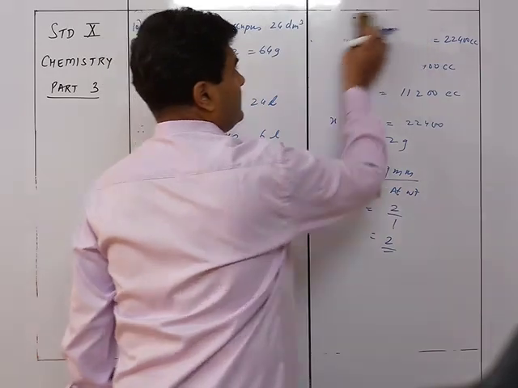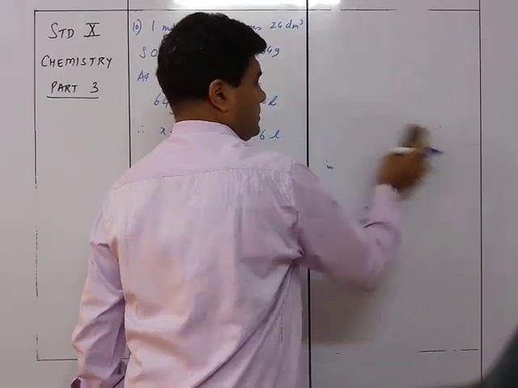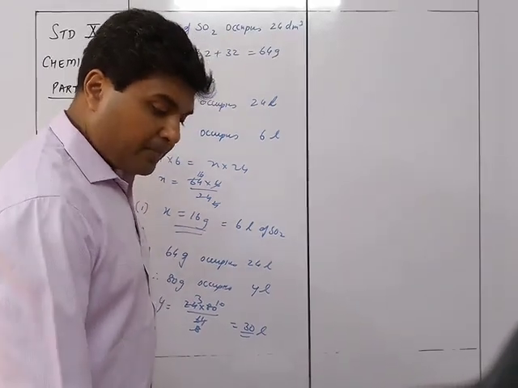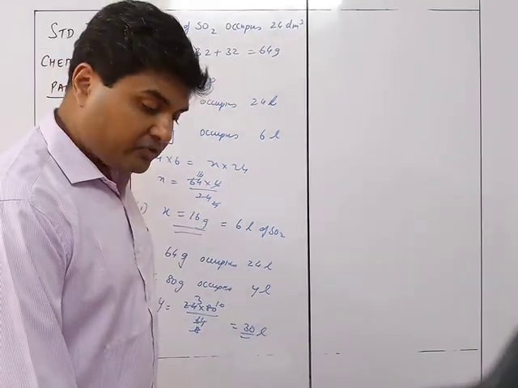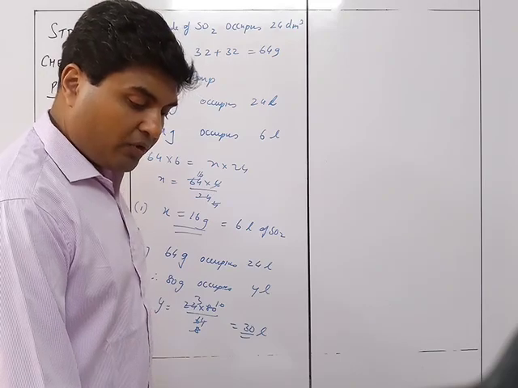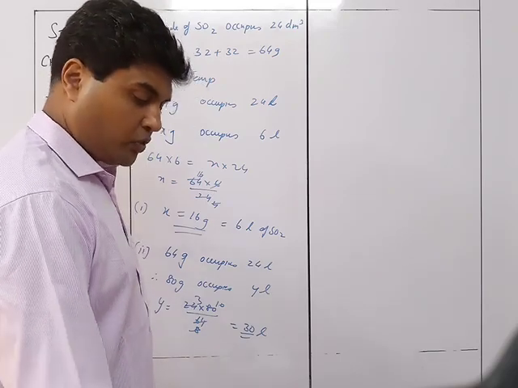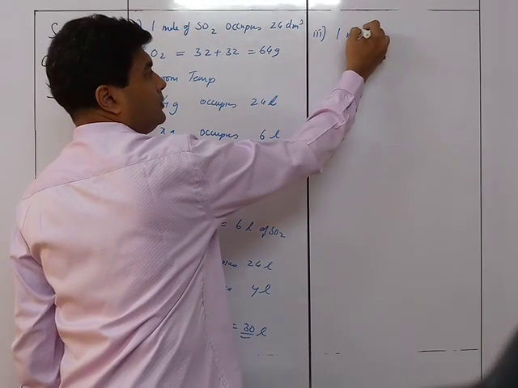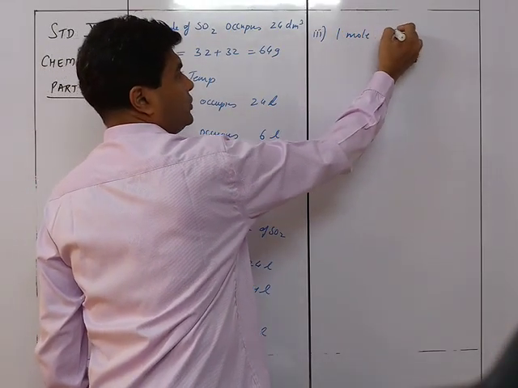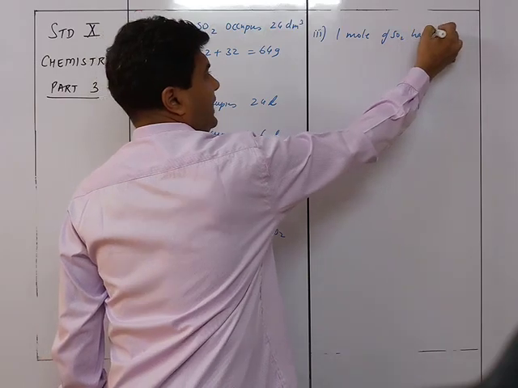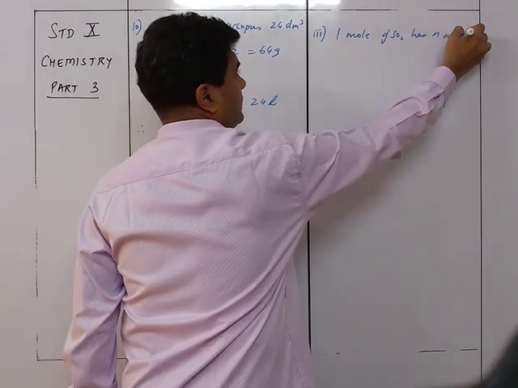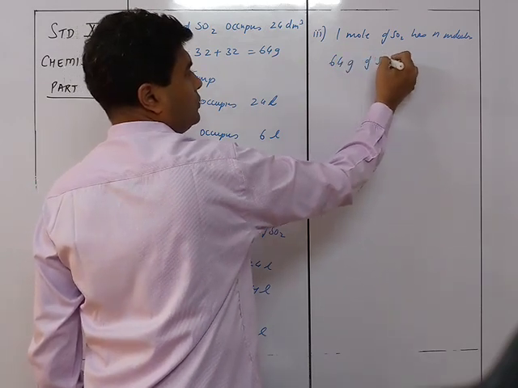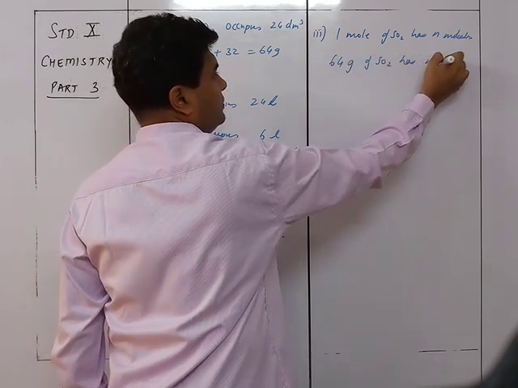The third part: the number of molecules in 0.64 grams of SO2 if 1 mole of SO2 contains n molecules. So they are given that 1 mole of SO2 has n molecules. Therefore 64 grams of SO2 has n molecules.